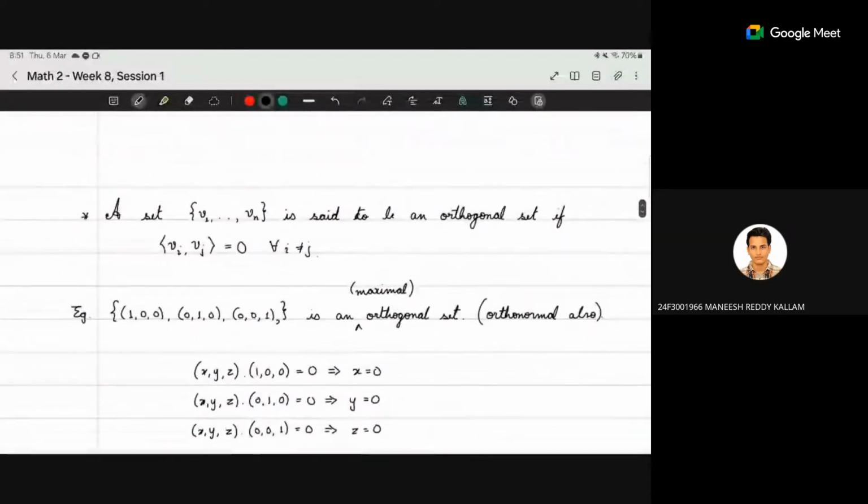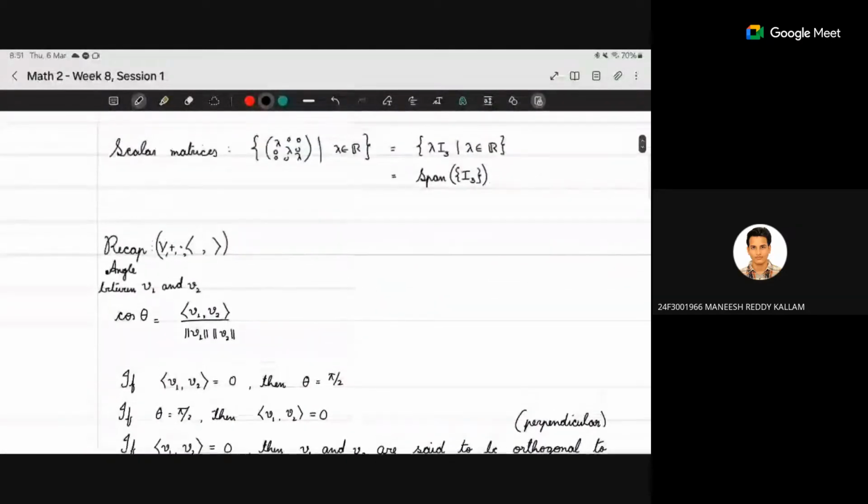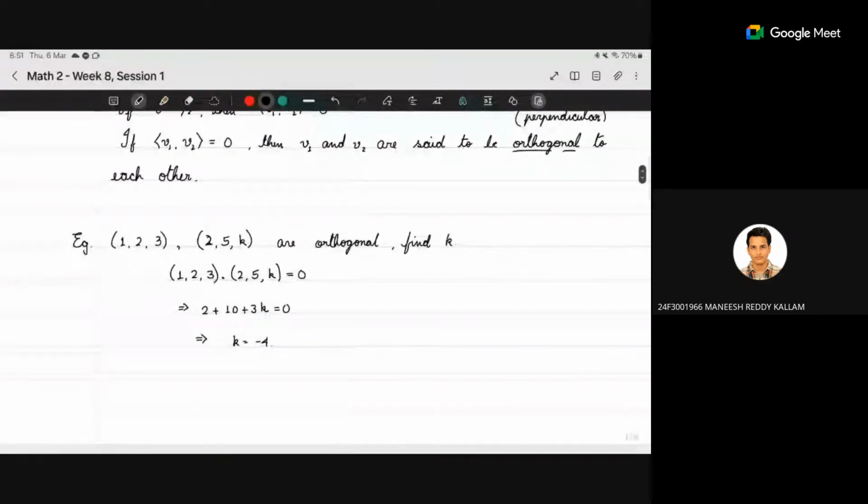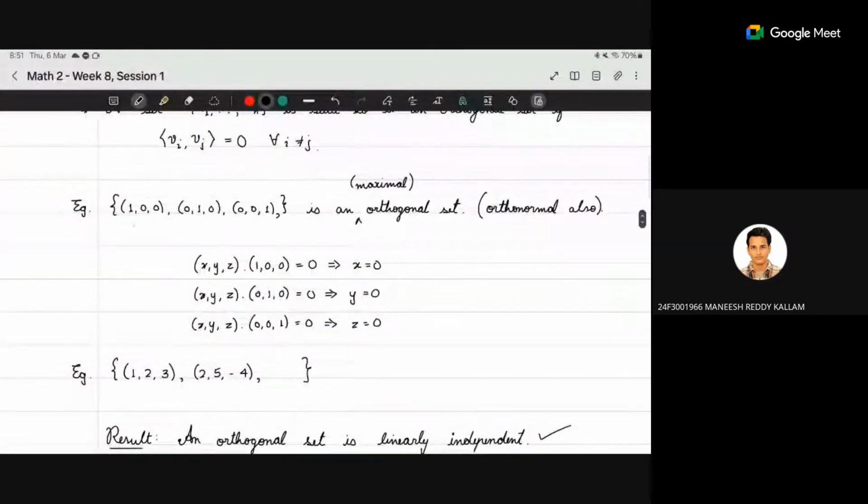So coming back to what I was trying to hint at when I was talking about maximal orthonormality: since you have three vectors over here and it's an orthogonal set, it becomes a basis. So you cannot add one more vector and expect orthogonality to remain, because then you would have a set of four linearly independent vectors, right?